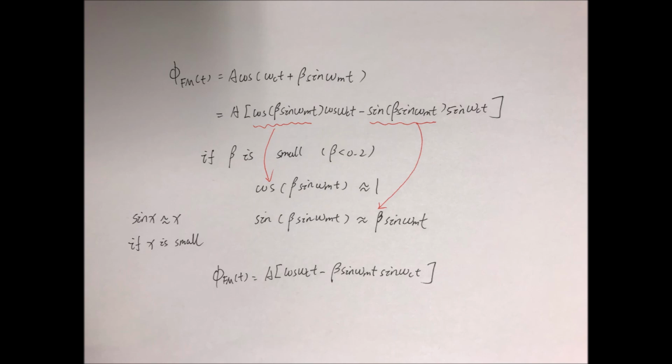So this one is close to beta sine omega m of t, because of cosine and sine. So this one becomes something like this. Now we rewrite my signal.